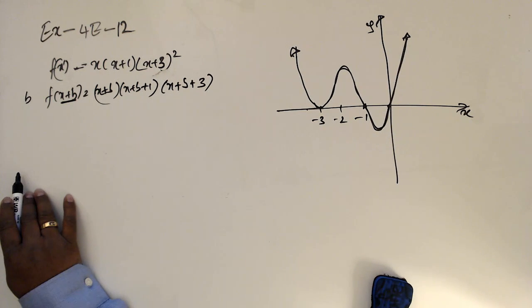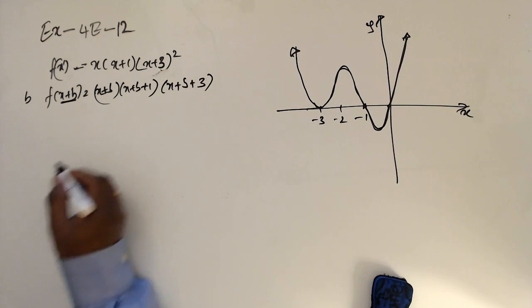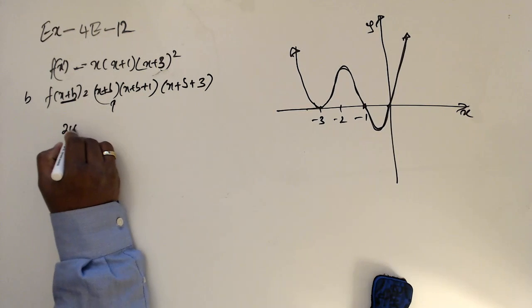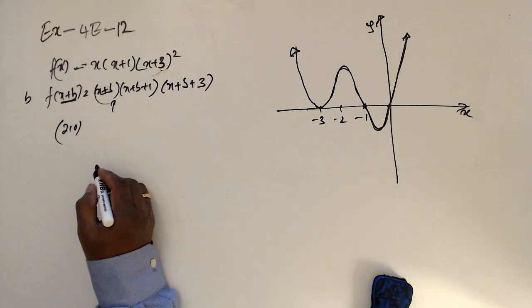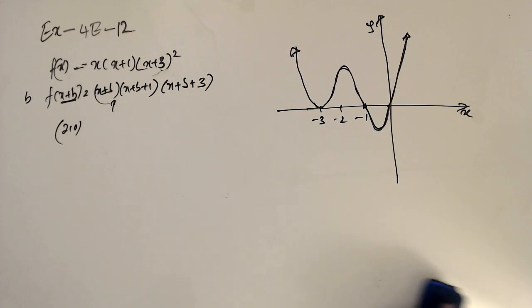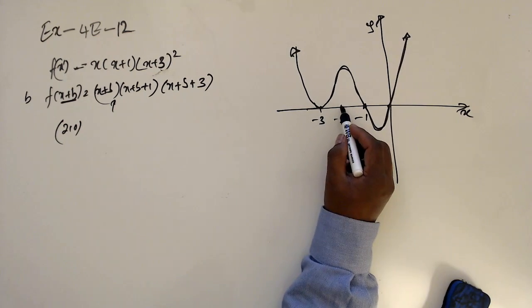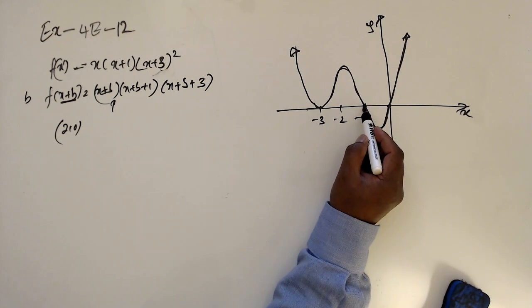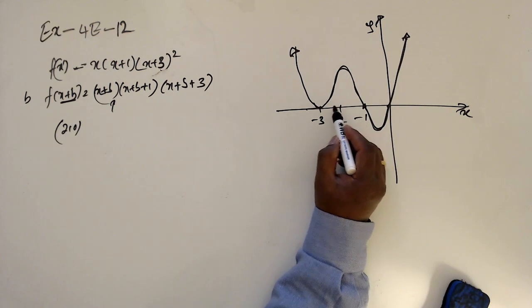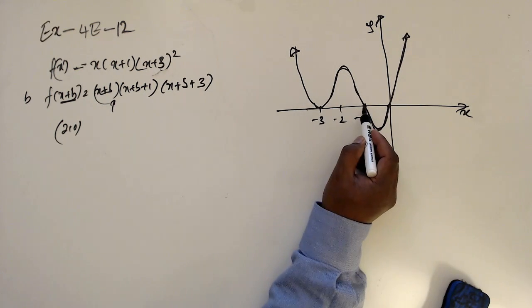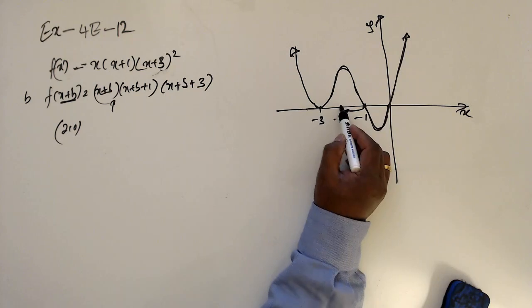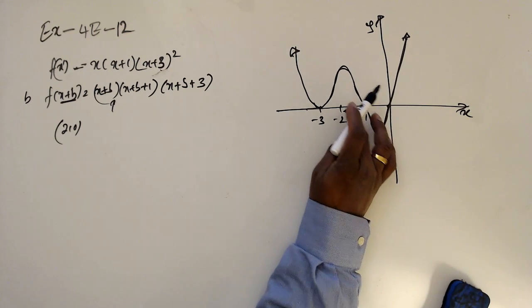Now the data is given that this new curve goes through the point (2, 0). Now this curve doesn't go through 0, but we know that if we shift this curve 1 unit to the left, this point comes here and it's going through (minus 2, 0).